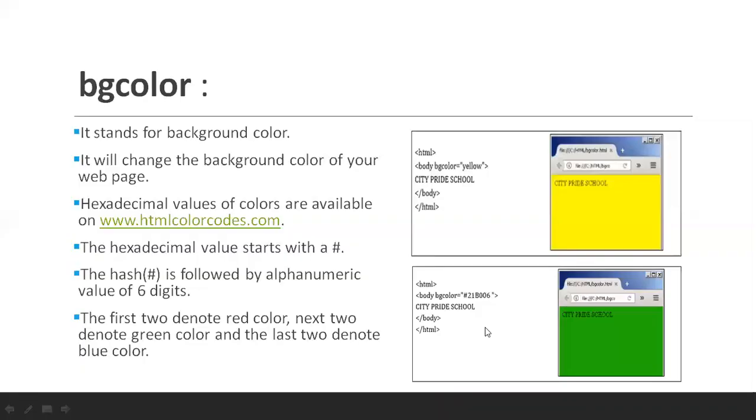See, this is how you can have your web page with background in different colors. Okay, so this was all about how to change the background color of the body.